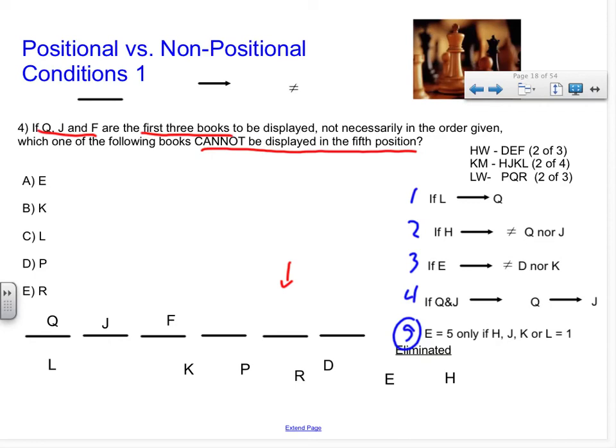So then I go to look at 1, and I see that it's a Q, and Q is not part of H, J, K, or L, so I know that E cannot appear in the 5th position. So I look to see if it's an option choice, and yes it is. It's question A. So I can determine that E is the correct response based on the conditions given.